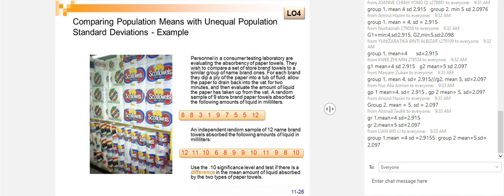Boleh. Comparing population means, we have unequal population standard deviation. Example: personnel in a consumer testing laboratory are evaluating the absorbency of paper towels. They wish to compare a set of store brand towels to a similar group of named brand ones.